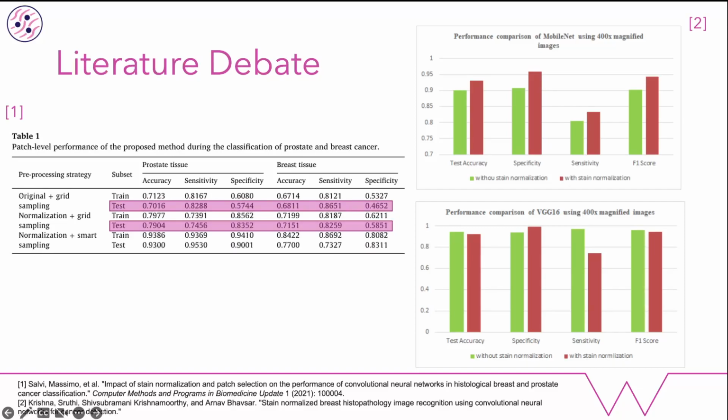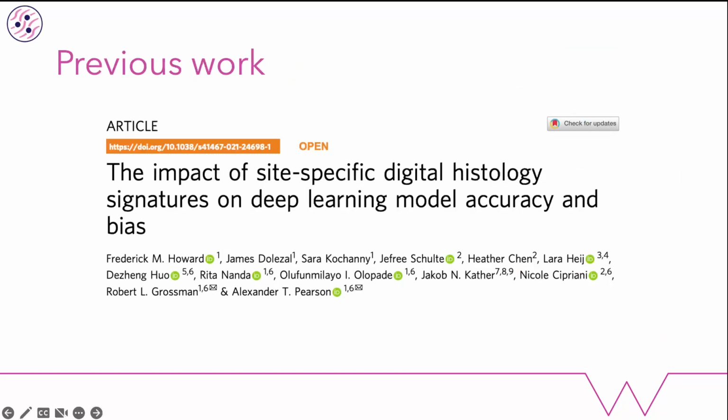However, the work of Sarwar et al. showed that Macenko normalization didn't help with improving accuracy of popular CNNs such as MobileNet, with stain normalization even doing worse in terms of accuracy when using VGG16 architecture. As such, the debate of if stain normalization is helpful in solving domain shift is still ongoing.